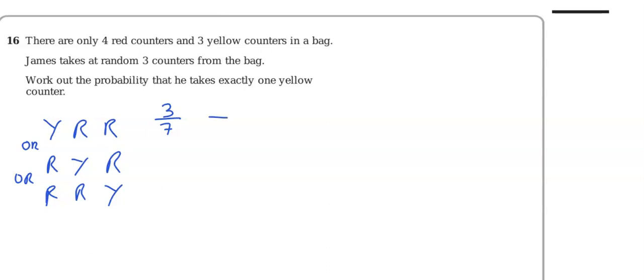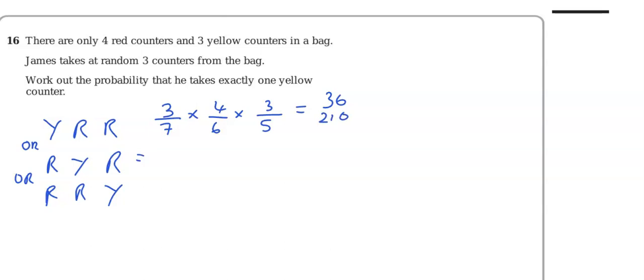We've now taken 1 out, so there are only 6 there, but there are 4, and 4 of them are red. We want this for the second one. And then there are only 5 left, and this time only 3 red counters. And so that is 3 times 4, that's 36 over 210.